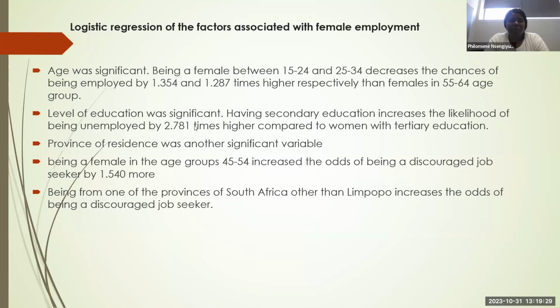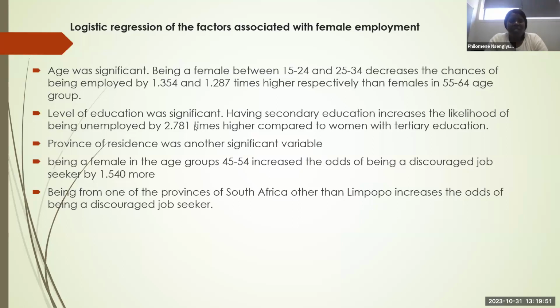Province of residence was another significant variable, like we saw in the cross tabulation with chi-square. Also, being in some provinces decreases or increases the chances of being employed or unemployed.